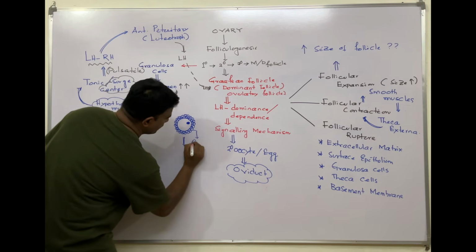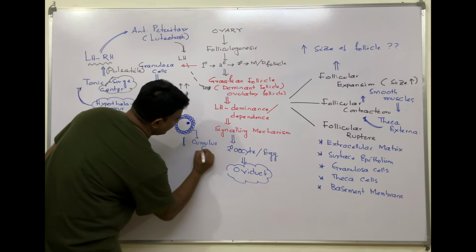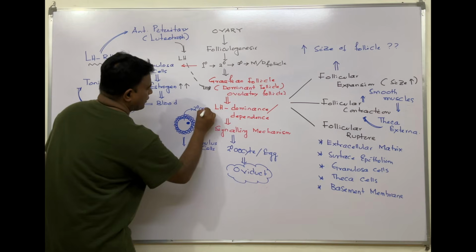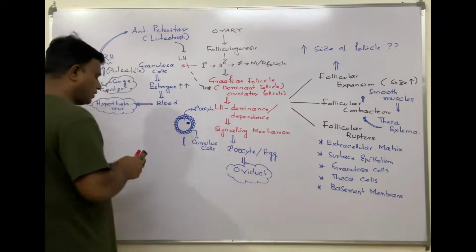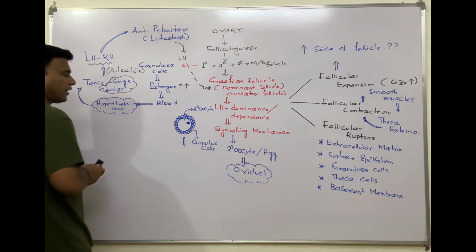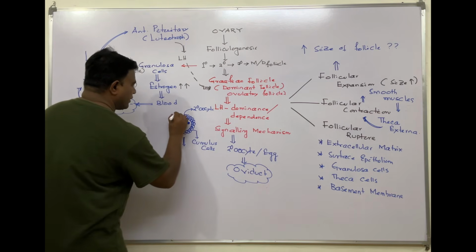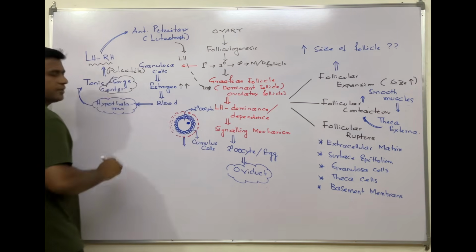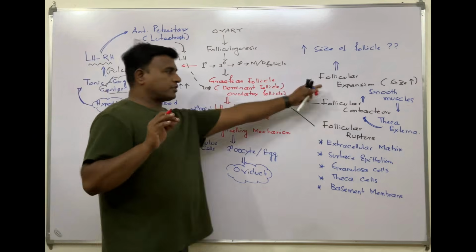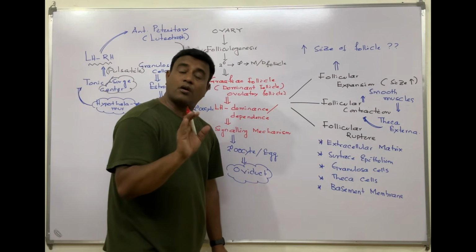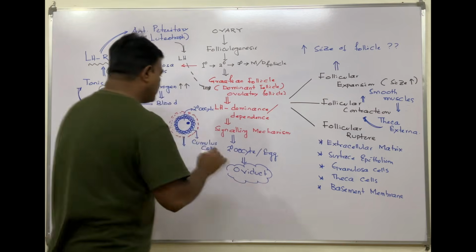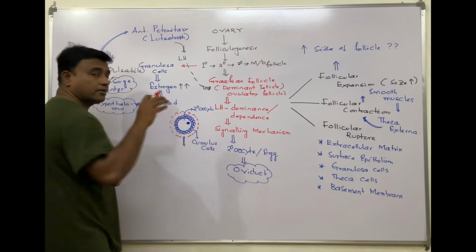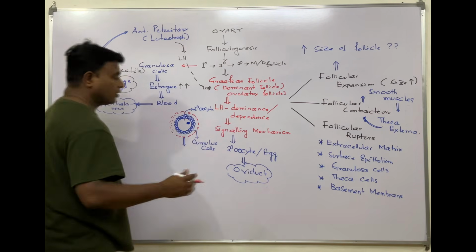So these are the cumulus cells, and this is the secondary oocyte, and they are being protected by a glycocalyx-like substance surrounding them. Some of the granulosa cells are also lost, but this is a glycocalyx-like surrounding medium which they have seen in in vivo imaging, which is not written in traditional textbooks, and that protects this inside the oviduct and gets it ready for the process of fertilization.